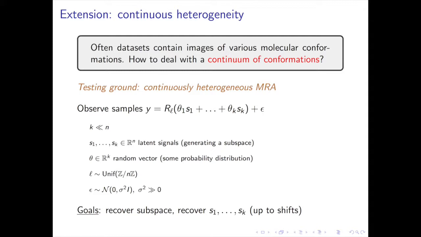You're seeing a point on that subspace, cyclically shifted with noise. Your task is to recover the subspace, recover the signals that give you a basis of that subspace, up to the shifts. This is the very simplest model for a continuum of conformations, where the conformations form a low-dimensional linear subspace. But even then, it's very interesting mathematically.